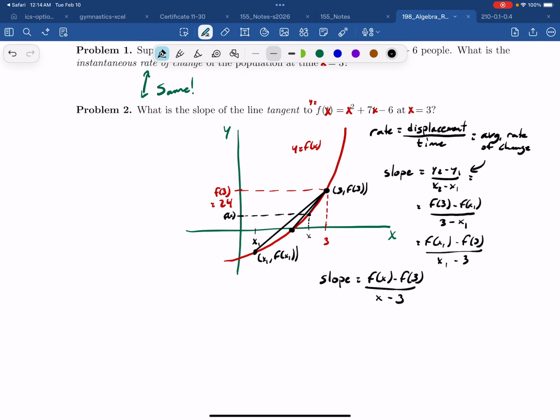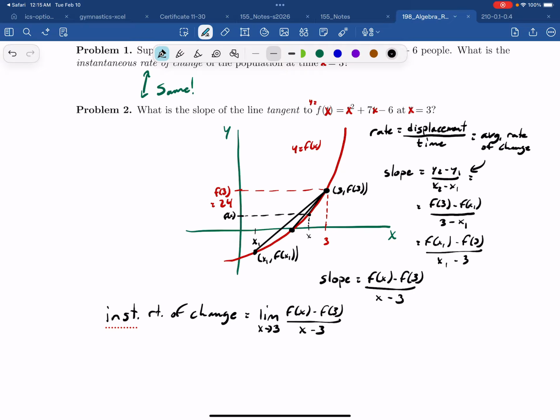So it turns out that the instantaneous rate of change equals the limit of this: the limit as x approaches 3 of f of x minus f of 3 all over x minus 3.